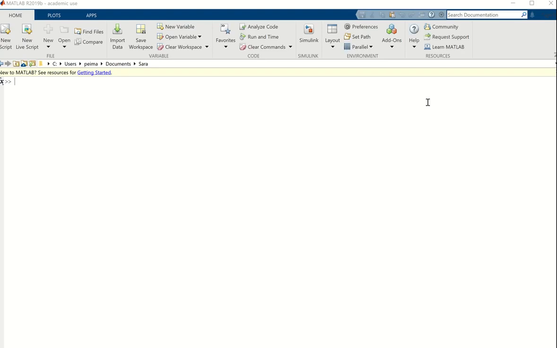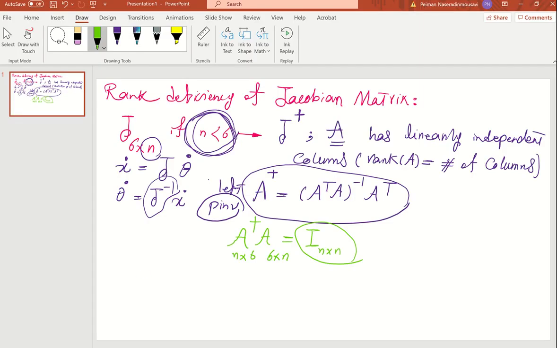Remember the 3 degree of freedom robot that I solved in detail for the Jacobian matrix in the class notes. When you have a 3 degree of freedom system, as I solved in the class in detail, your Jacobian matrix is going to be 6 by 3: 6 rows and 3 columns.